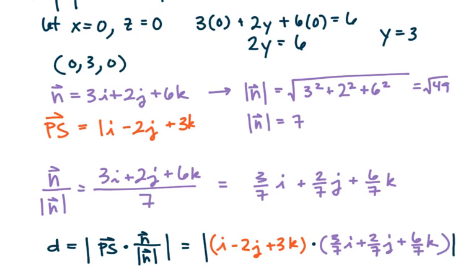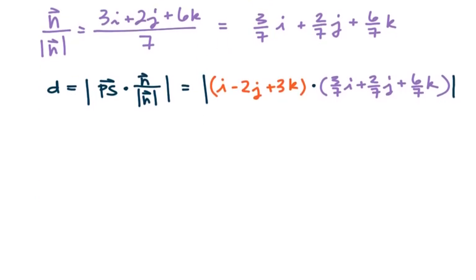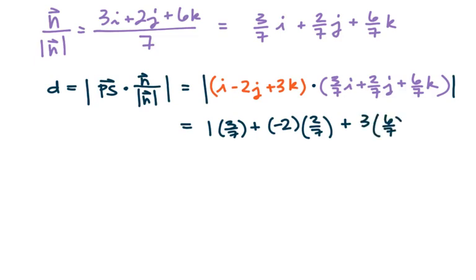So we've been doing a lot of cross products. This is a dot product here. That's just 1 times 3/7 plus -2 times 2/7 plus 3 times 6/7. We're going to find the magnitude of that.